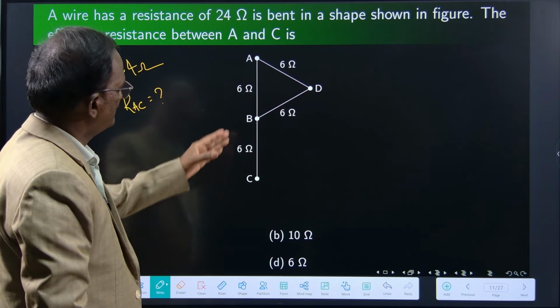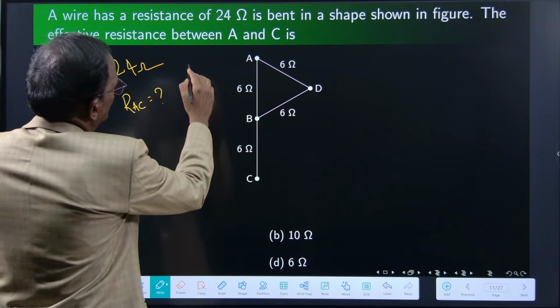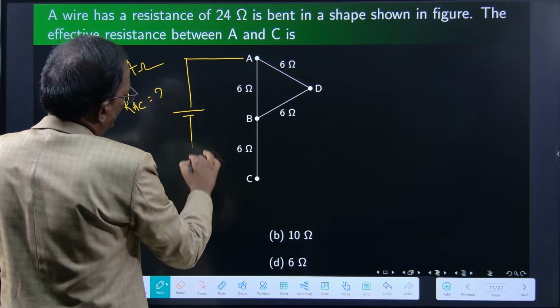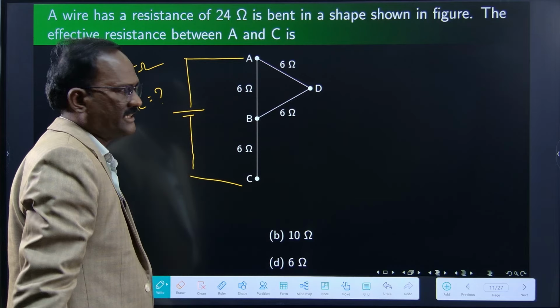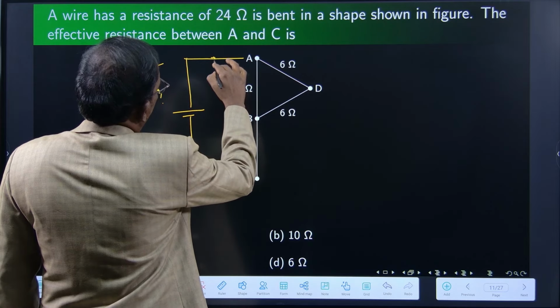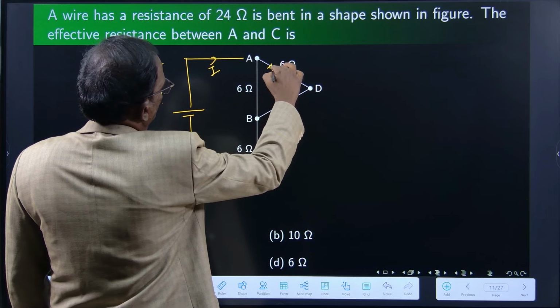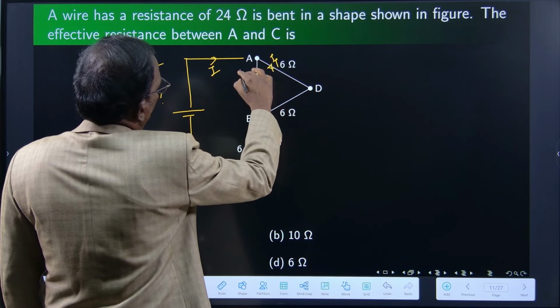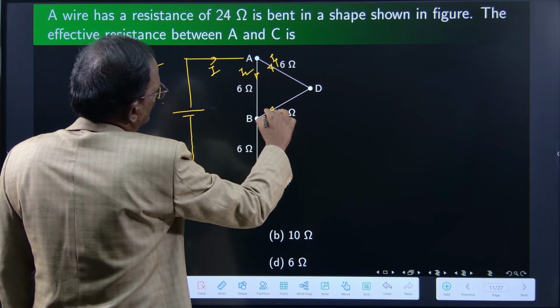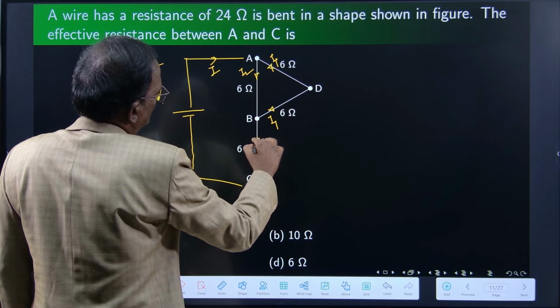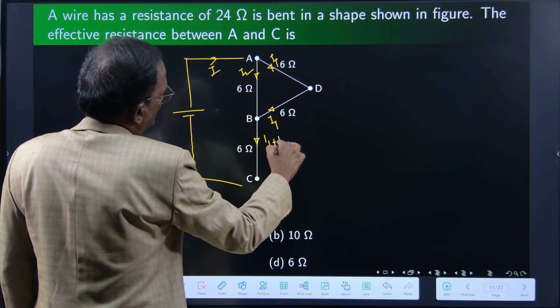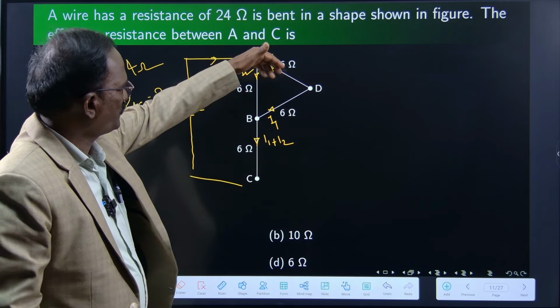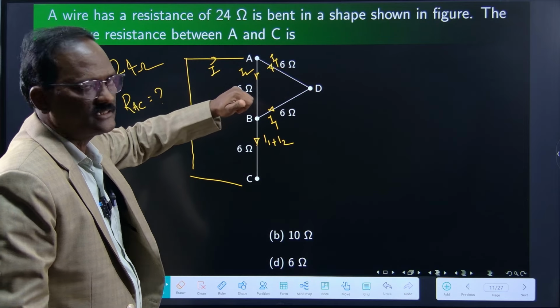If you look at it, you can easily do it, right? Connect a battery here and trace the current direction. This is I1 and I2. I1, then this is I1 plus I2. So I1 flows through 6 and 6. So they are in series.